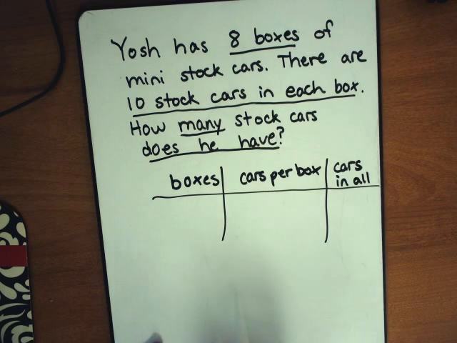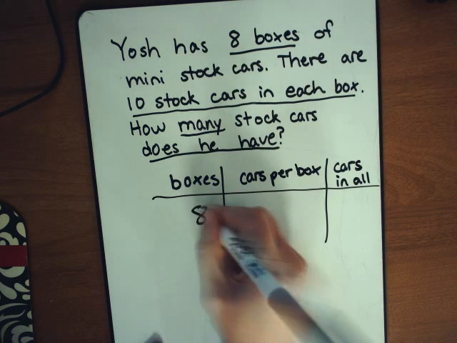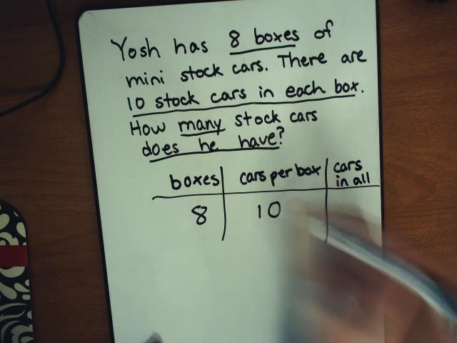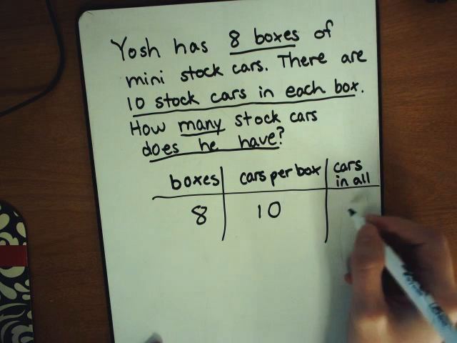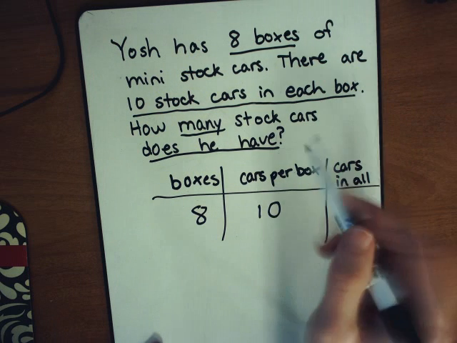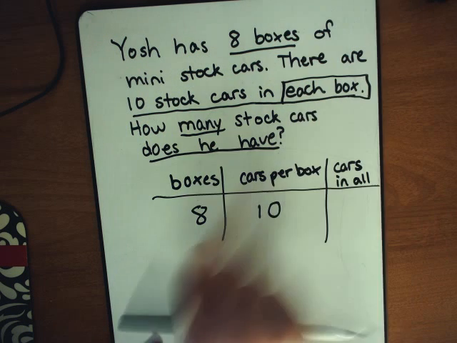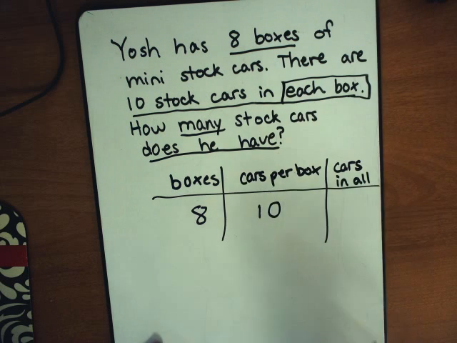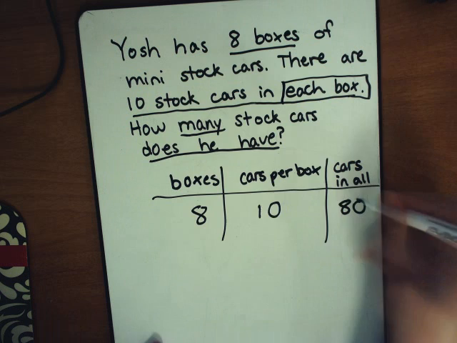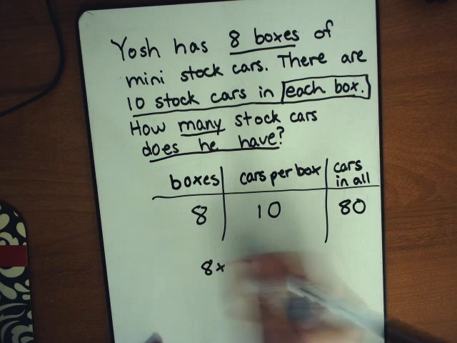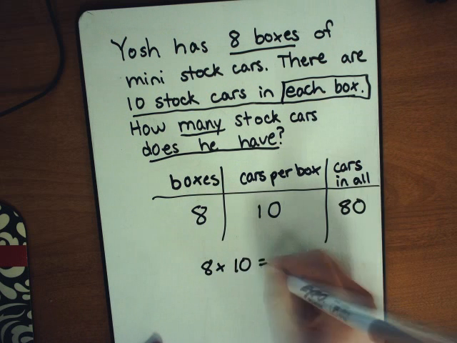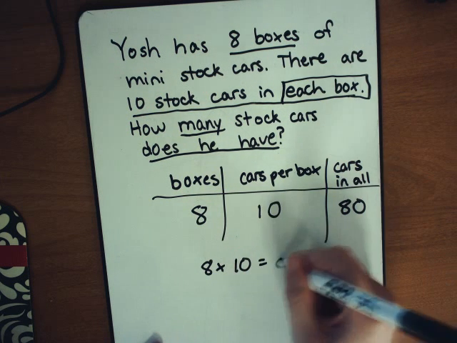Okay, so when I look here, I've got 8 boxes, 10 cars in each box. How many cars are in all? Since I know that it says each box right here, that it's multiplication. So I've got 8 times 10, which is 80. So my number model is 8 times 10 equals my unknown, my cars in all.